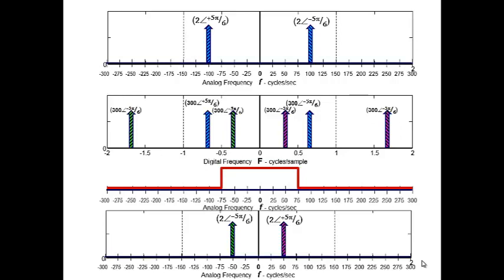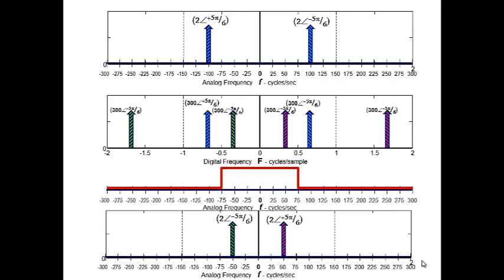Or do it even faster. Work the whole thing in the digital realm and say that our digital frequency of that signal coming in is the original analog frequency, well, not E, let's use F0, over the sampling rate, which is 100 over 150, which is 2/3.